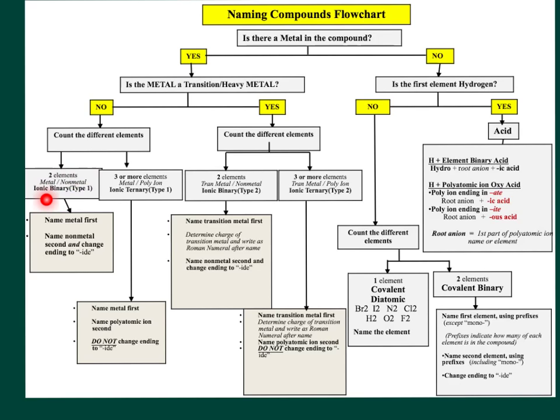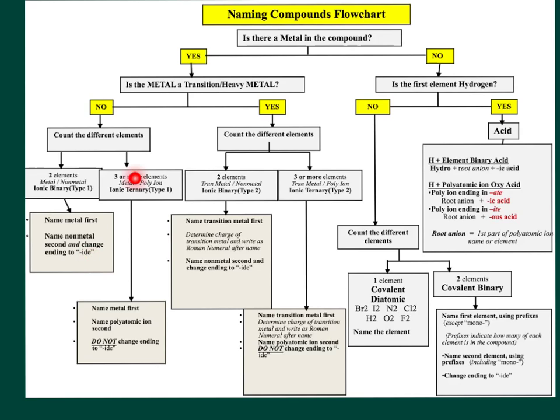You write the name of the metal first, and then you write the name of the nonmetal. And you're going to change the ending. You're going to drop the element ending and add IDE. So instead of saying, for example, NaCl, sodium chlorine, we will drop the ine and add IDE: sodium chloride.